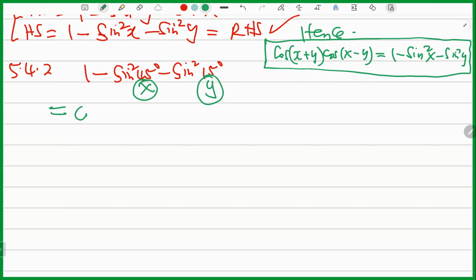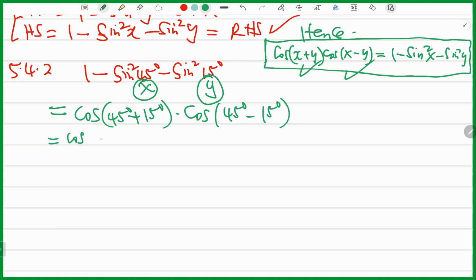So we can therefore write this one as the cosine of x, which is 45 degrees, plus y, which is 15 degrees, because it's x plus y, and then it is x minus y, which is the cosine of 45 degrees minus 15 degrees.